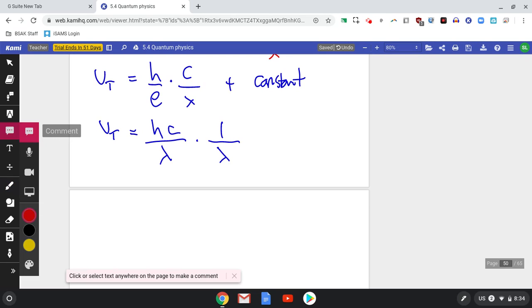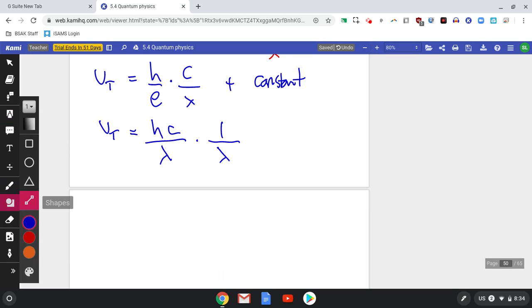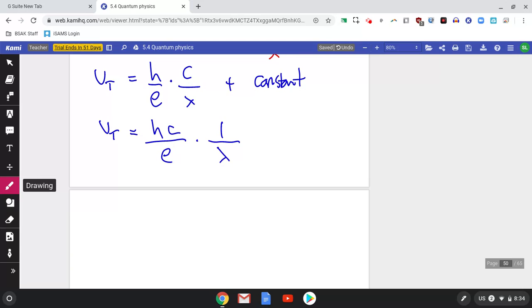That's not 1 over lambda, is it? Apologies. hc over e multiplied by 1 over lambda plus the constant due to the small energy losses.